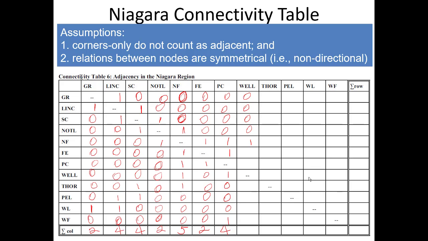Welland and Fort Erie do not share a border. Welland and Port Colborne share a border. Thorold and Welland share a border. No, why does it do that? Okay. Pelham and Welland share a border.